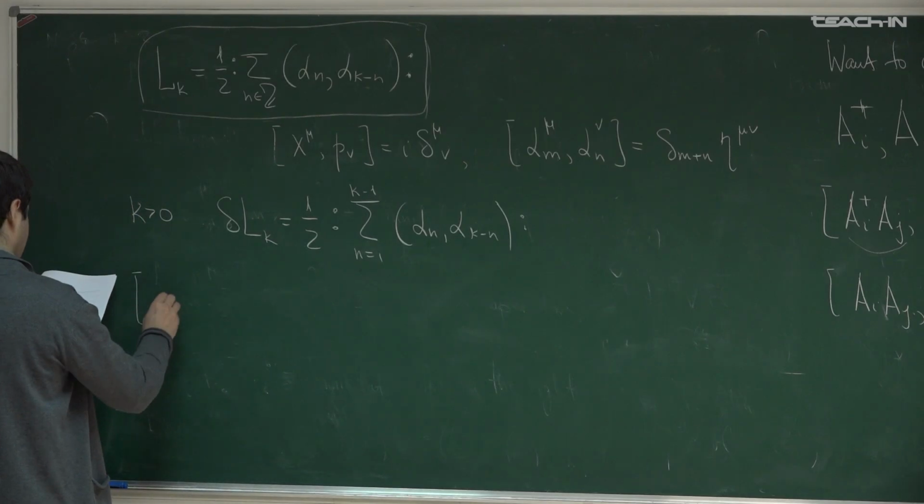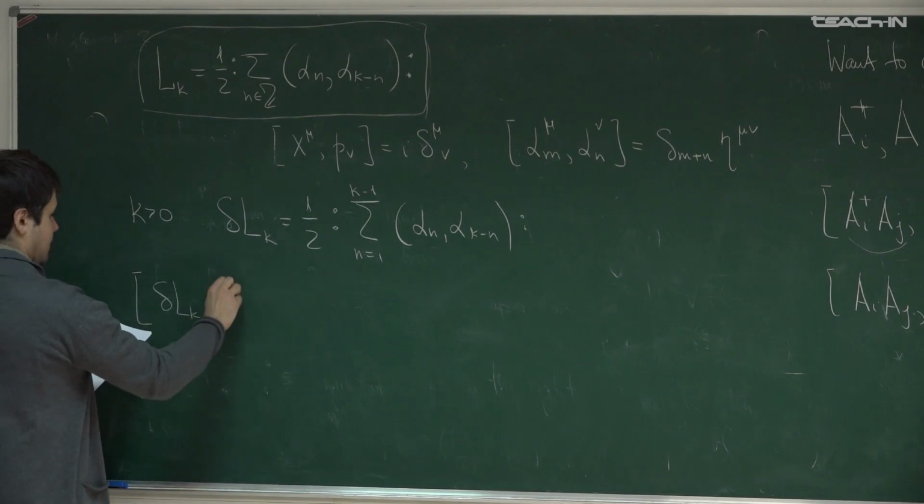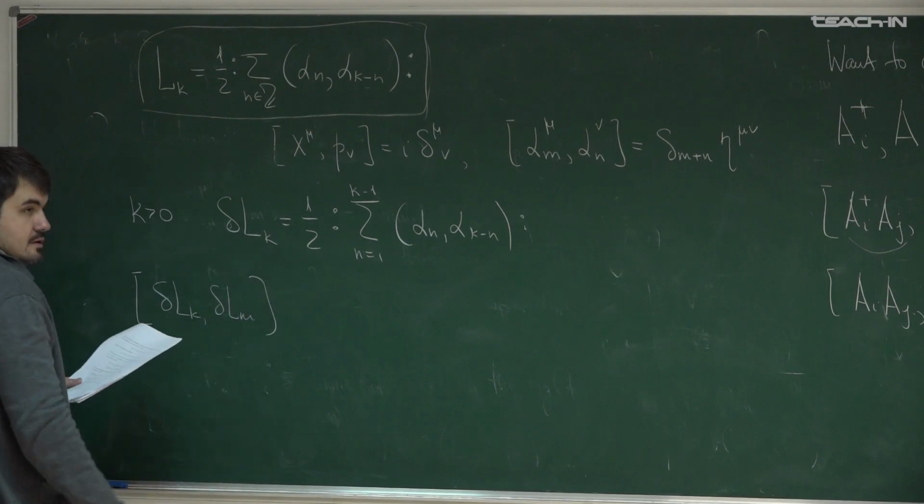So we want to compute delta L_k. It's a finite sum, and that's the improvement.